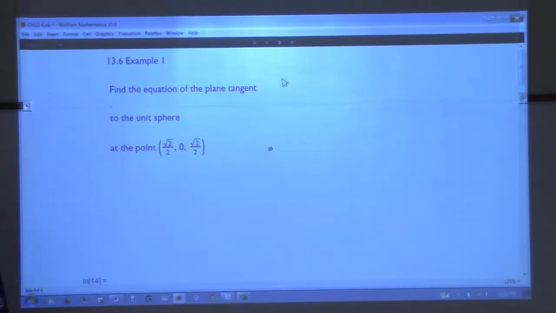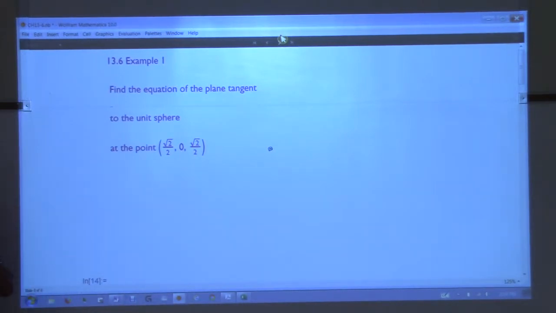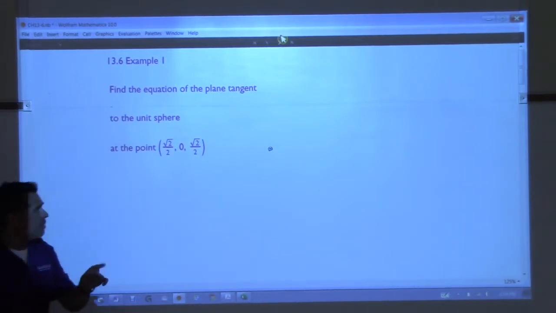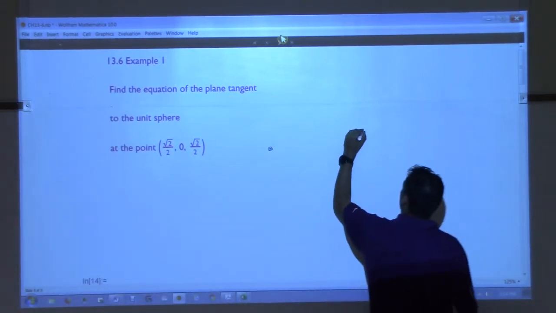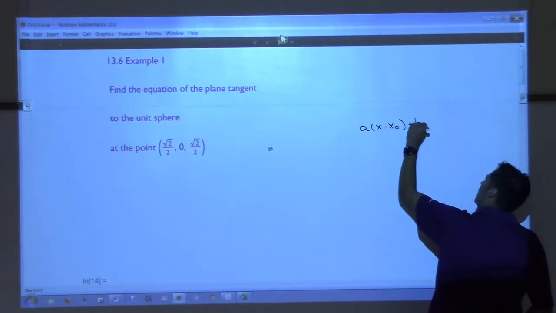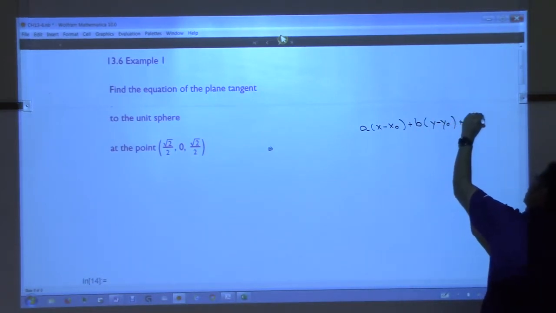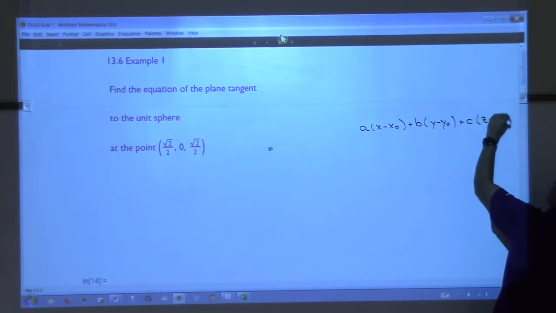Let's do this example. Let's find the equation of the plane which is tangent to the unit sphere at this point. All right? Okay, so we want the equation of the plane. We know that the equation of a plane is a(x − x0) + b(y − y0) + c(z − z0) = 0.